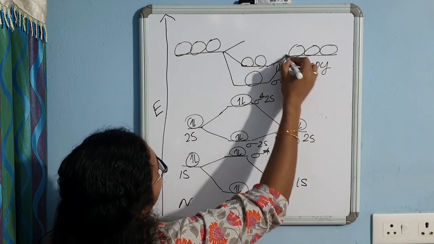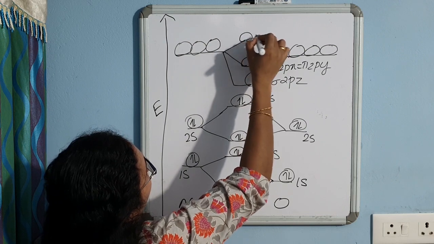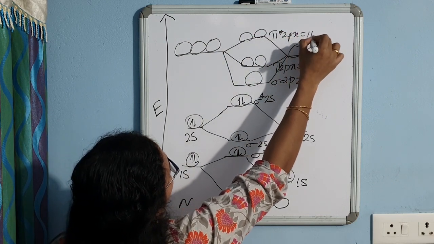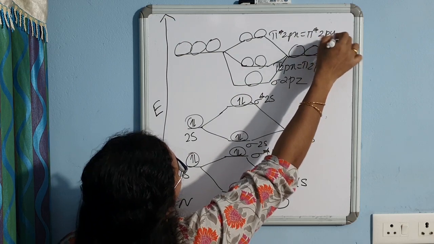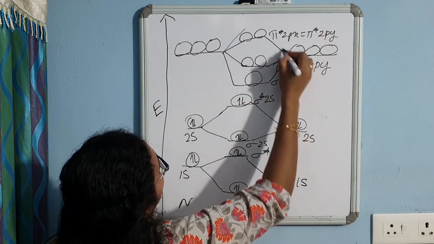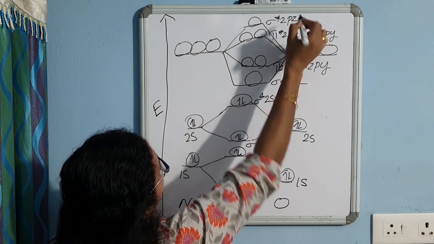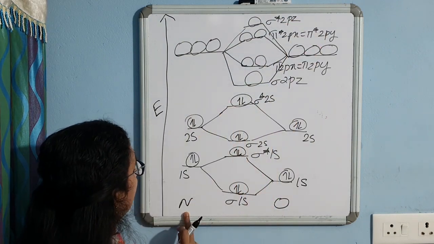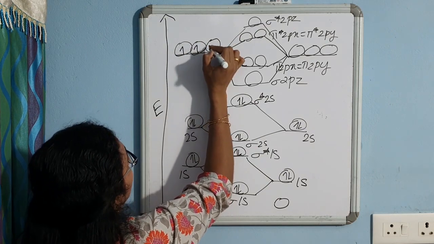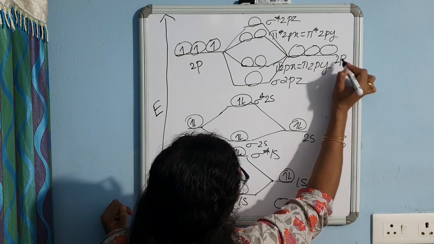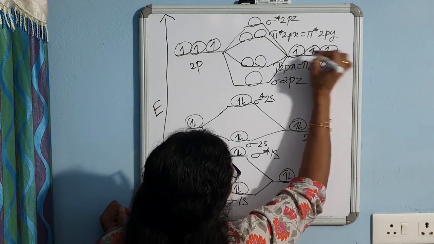Then we have pi star 2px and pi star 2py, and finally sigma star 2pz. So the electrons: we know nitrogen is 2p3 configuration, whereas oxygen is 2p4 configuration.